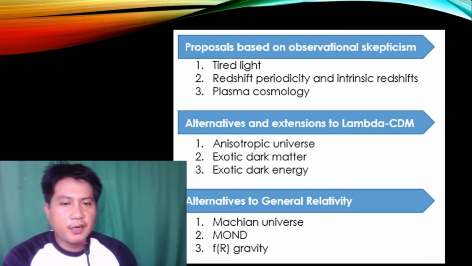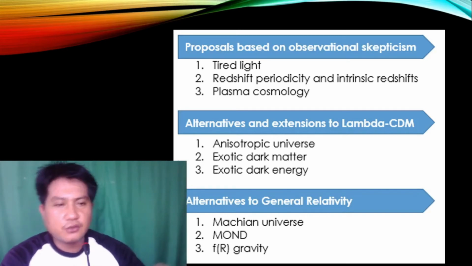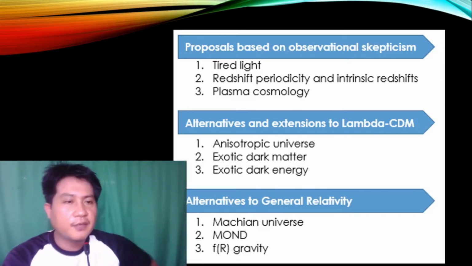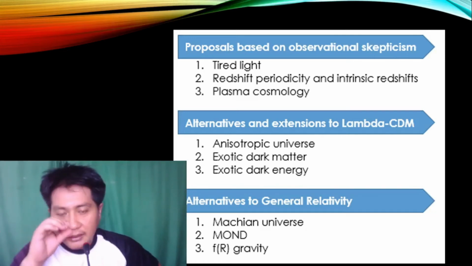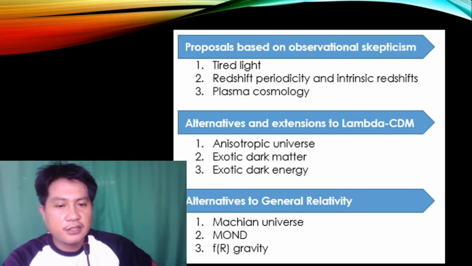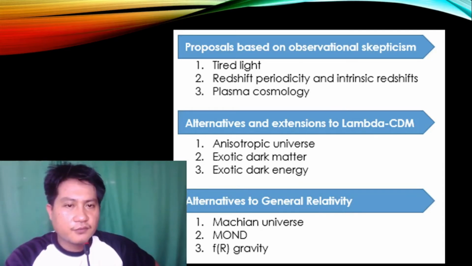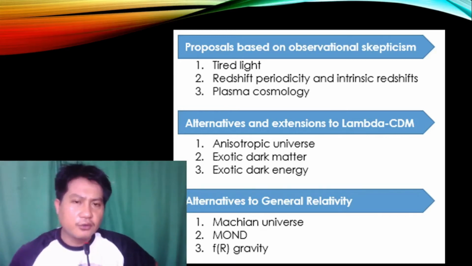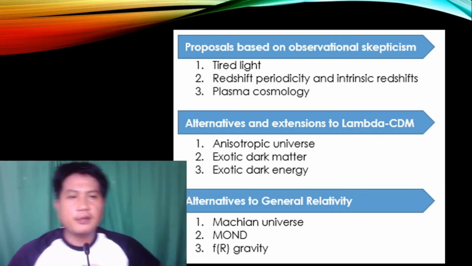And then there are other alternatives and extensions to lambda CDM theory, which are the anisotropic universe, the exotic dark matter, the exotic dark energy. Just a little hint on the tired light observational skepticism theory.